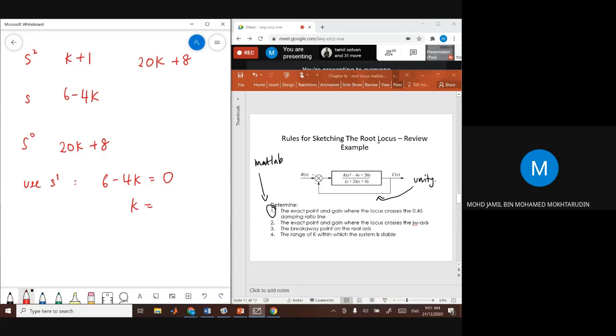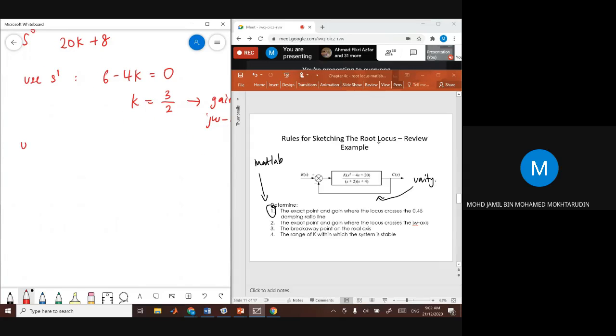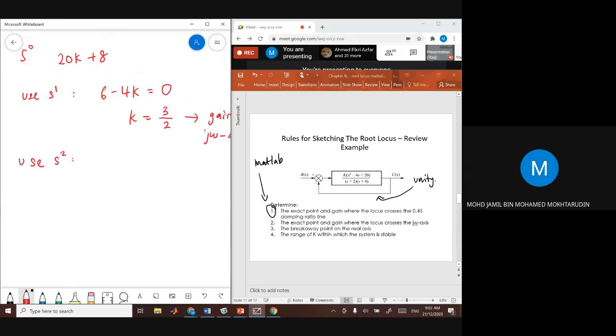So you get K equals 3/2. So this is the gain at the JW axis. And then use the S squared row.